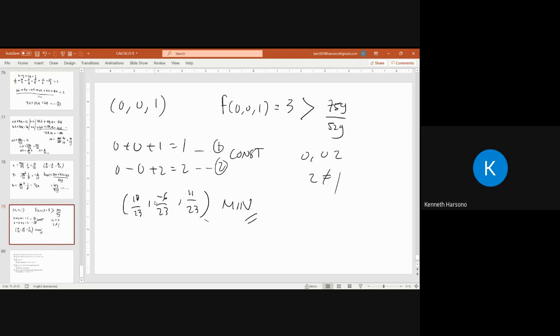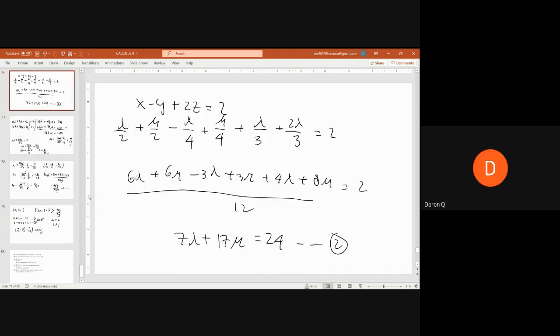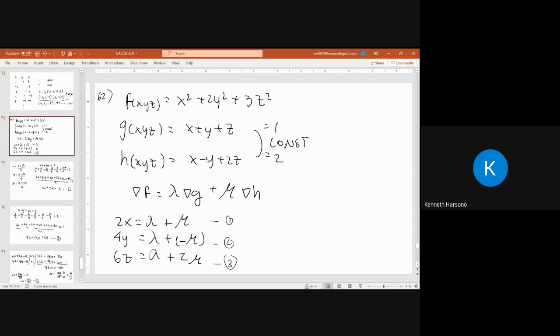The 2 here is from our constraint, 2c. So if I put 0, 0, and 1, then 0 minus 0 plus 2 times 1 is 2. Yes, I see.